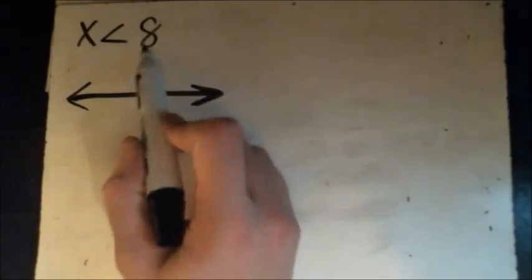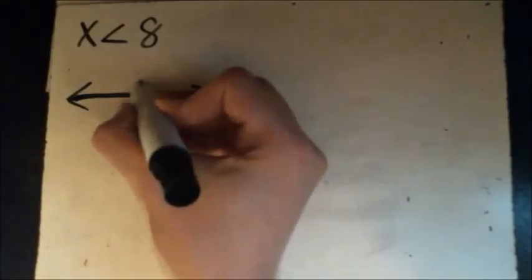All right, so let's do some examples of our graphing. So if I had x is less than 8, and I wanted to graph that inequality. First of all, I've got a number line. Just going to leave it blank. Now, the only number that I'm concerned about is this 8. So I'm just going to put a tick here and put an 8.